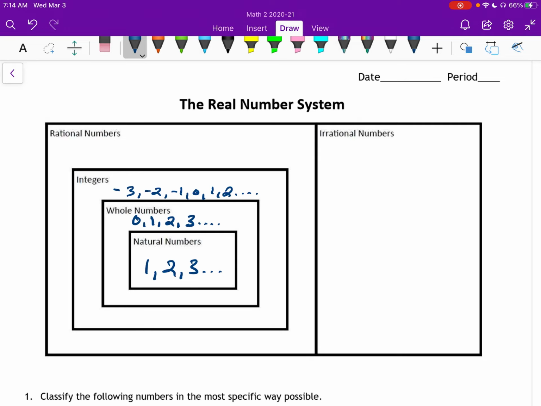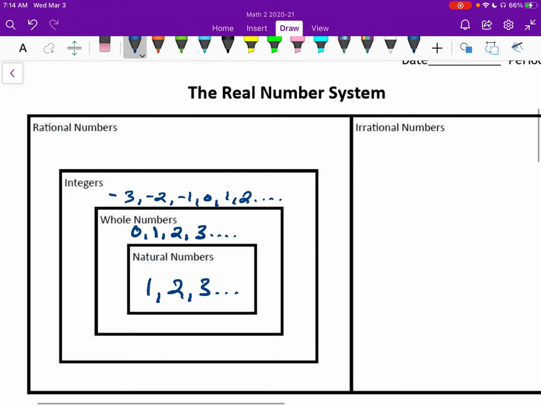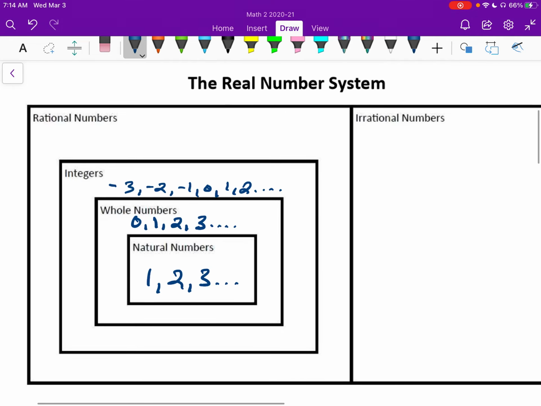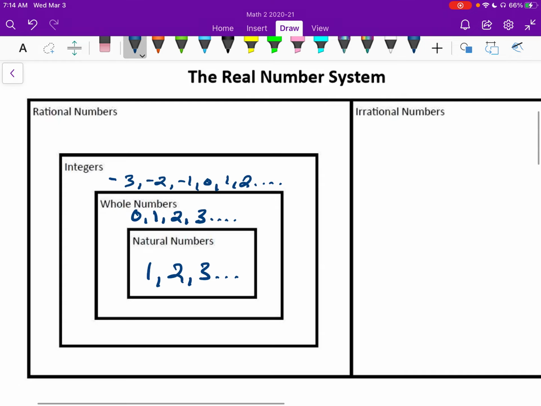Then we get into rational numbers. Rational numbers are a much larger family, or much larger group. The definition is that you have an a over b, where those are both integers, and b is not 0. All right. So anything that you can write as a fraction. So you could say 3/4 or 1/2.